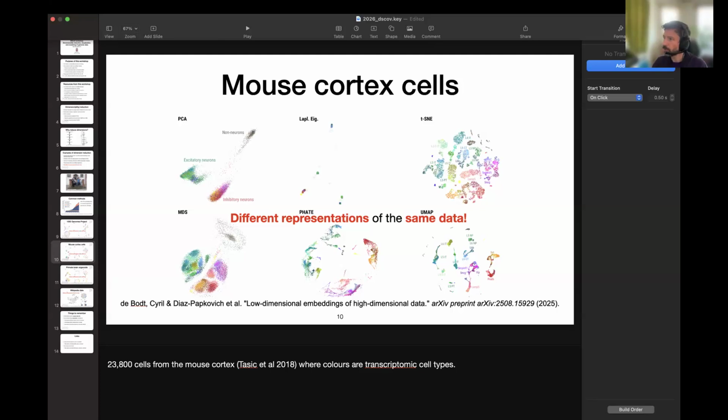UMAP is very similar to TSNE, philosophically similar, but it has a few strengths that to me make it a little more useful than TSNE in some cases. So UMAP, rather than modeling things as a probability distribution in a high dimensional and a low dimensional space, what it measures is uniformly distributed data on a manifold.